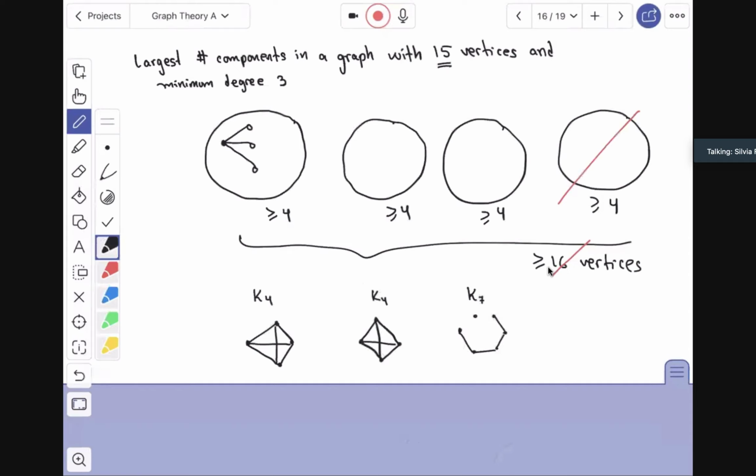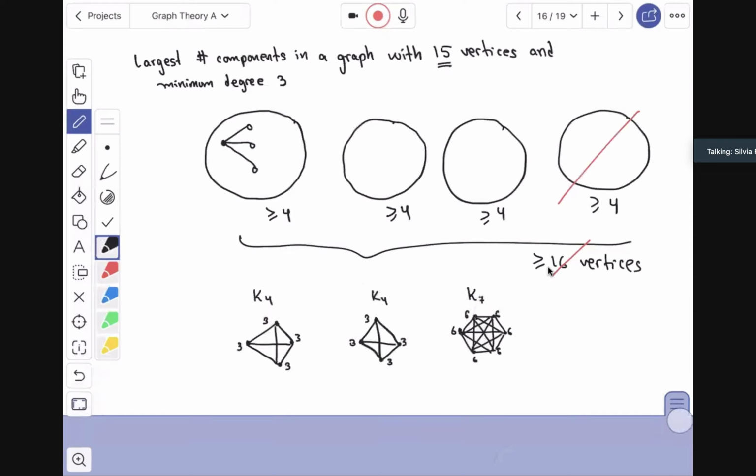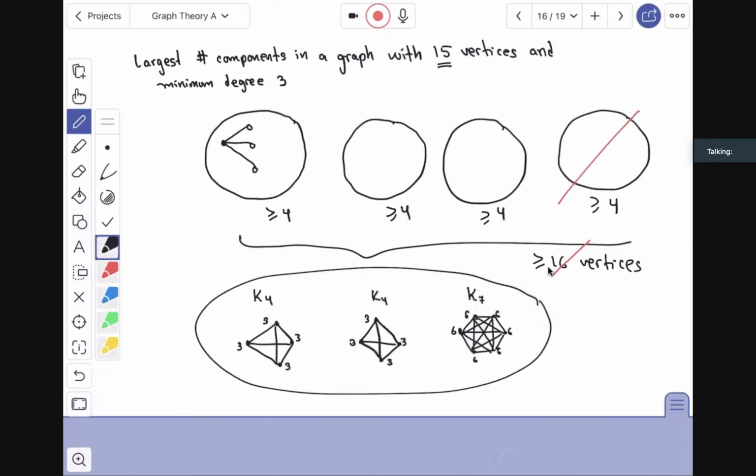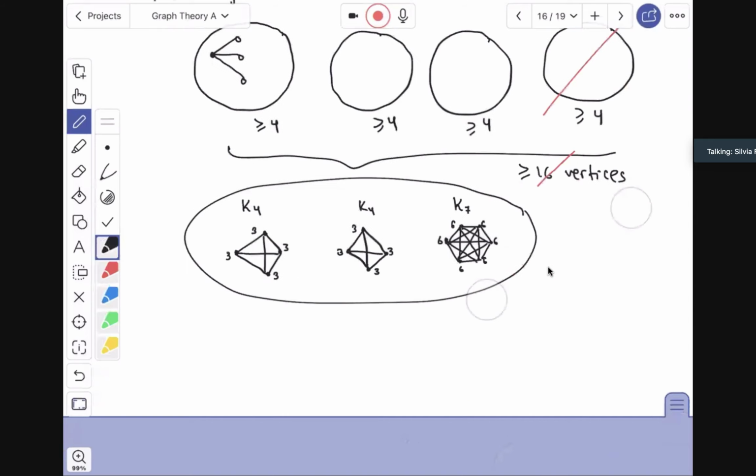So it satisfies. All the vertices have degree at least 3. These vertices have degree 3. These vertices have degree 3. These vertices have degree 6. So this is a graph with 15 vertices. 8 plus 7, 15 vertices.